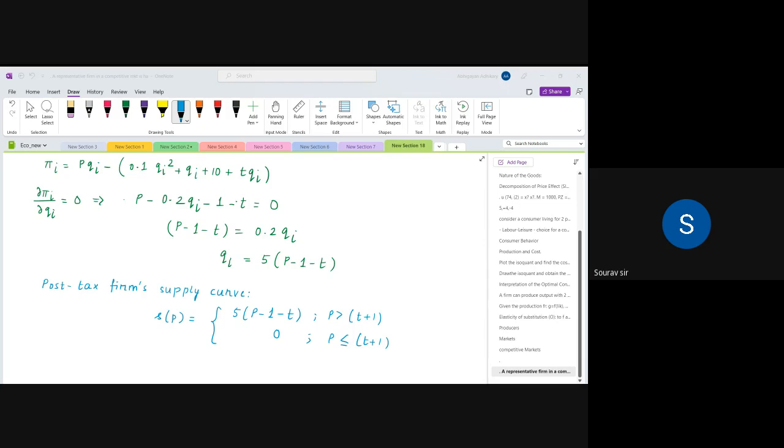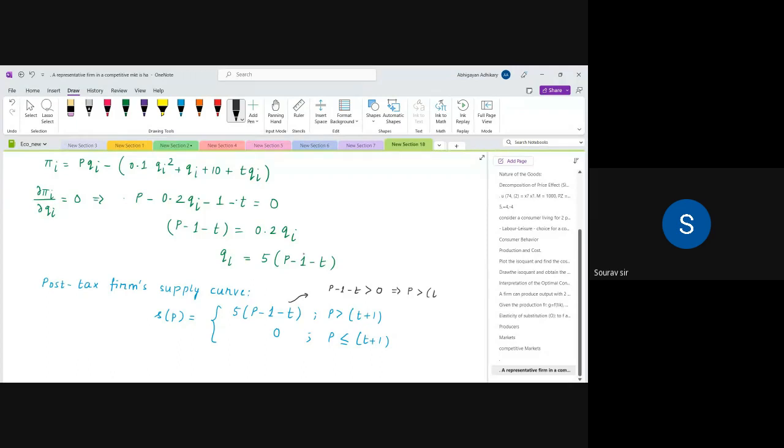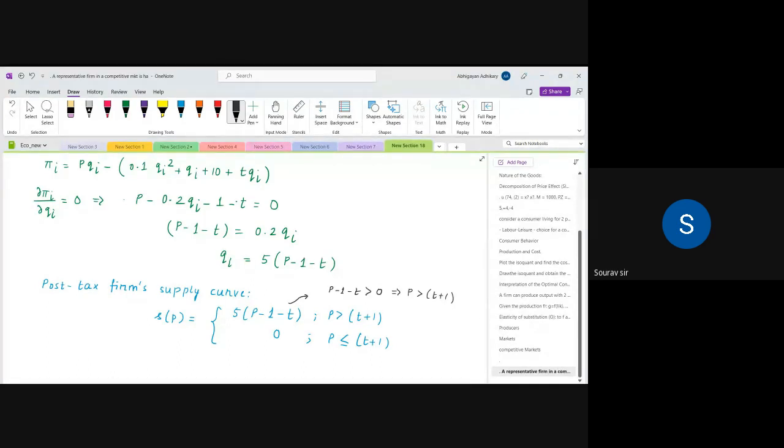But the last part here is crucial: since the firm supply curve structure is changing, the part over which it is defined will become P greater than T plus 1, right? Because P minus 1 minus T, that entire thing should be positive in order to give you a positive supply. So P minus 1 minus T should be positive, and that implies P should be greater than T plus 1, right?